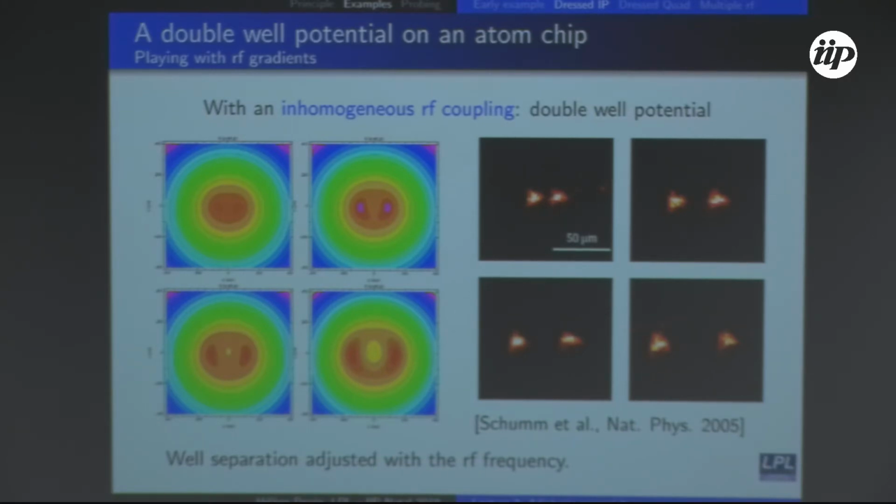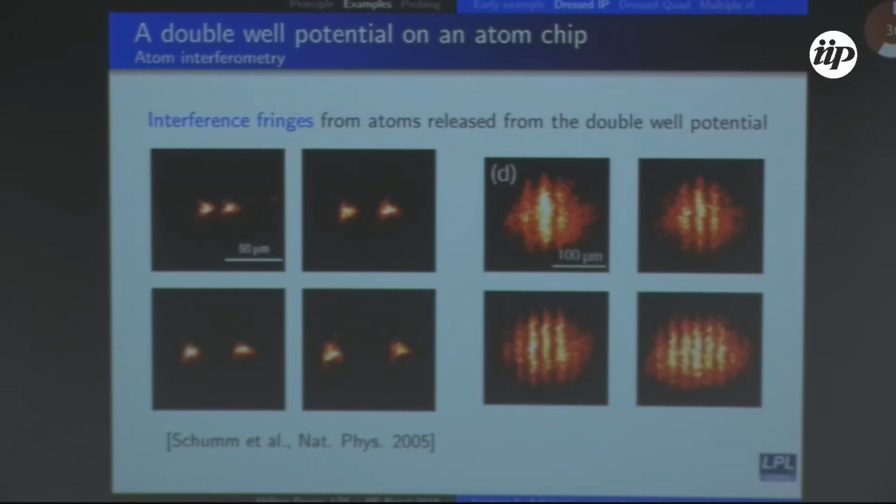So another way would be by increasing the Rabi coupling, so the RF amplitude, at fixed frequency, because it also repels the atoms as its Rabi coupling is larger. But this one is done with changing the RF frequency, and this one is done by increasing the RF coupling.